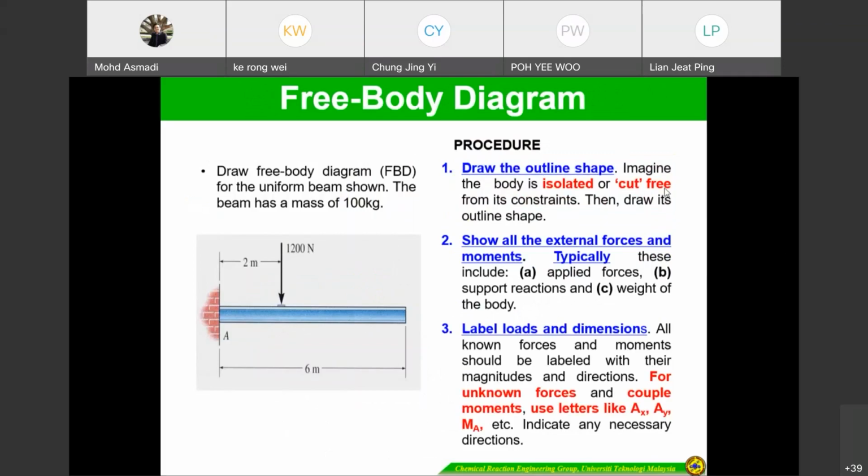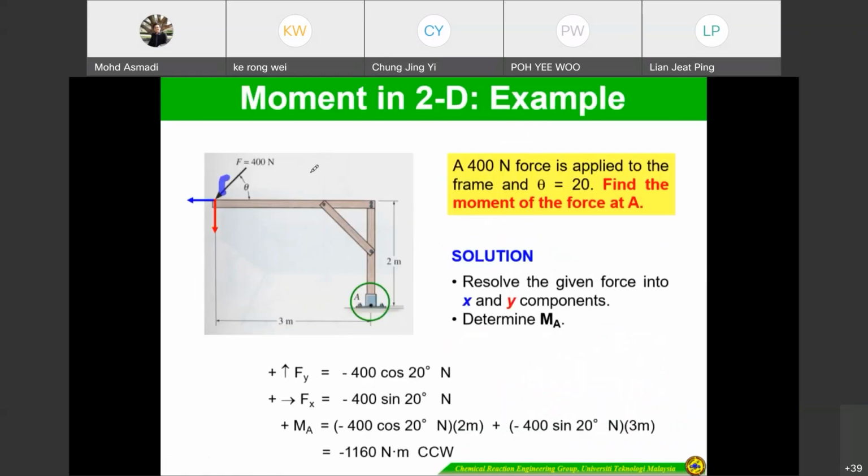This distance is negative, times 3. And this one is times 2.